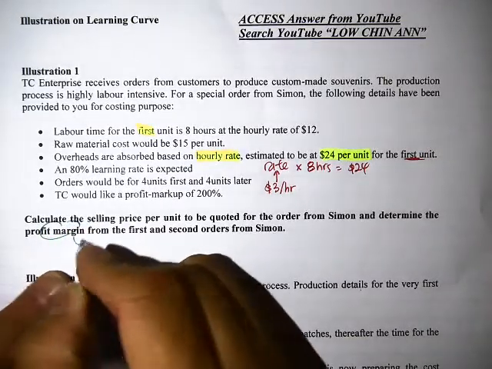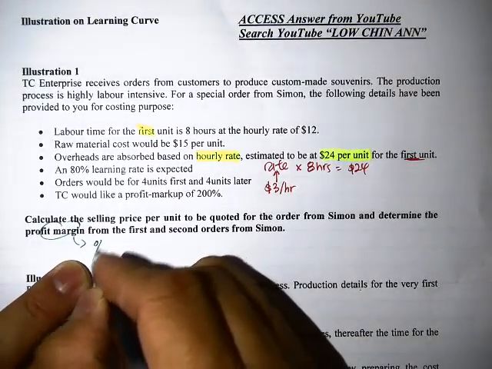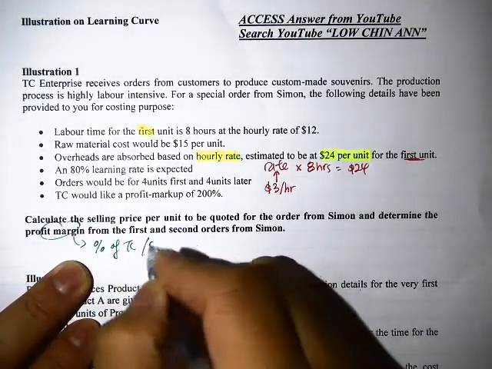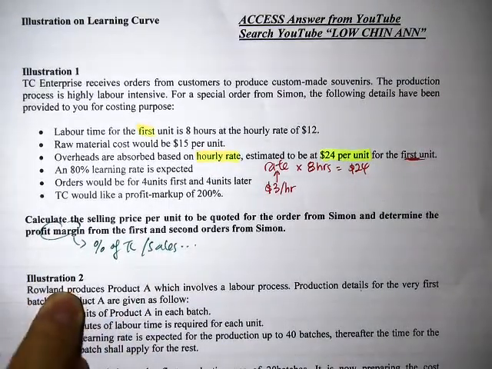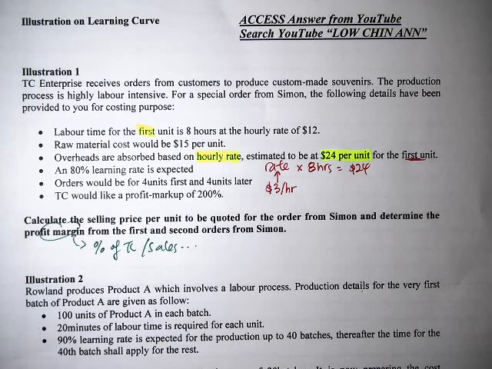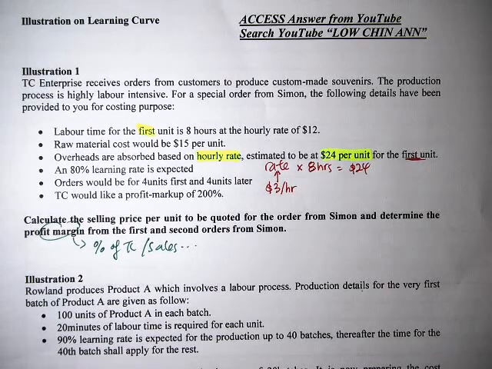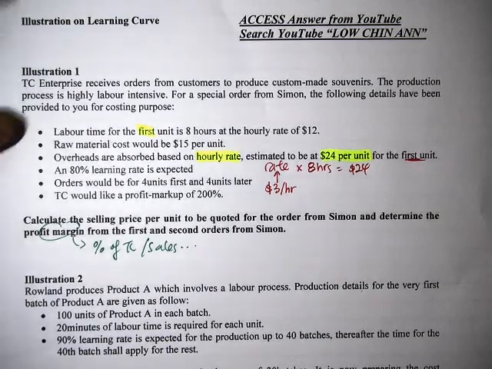Margin is the percentage of your profit over your sales. And of course, margin for the first and second orders would be different, simply because the cost changes due to the learning curve effect.